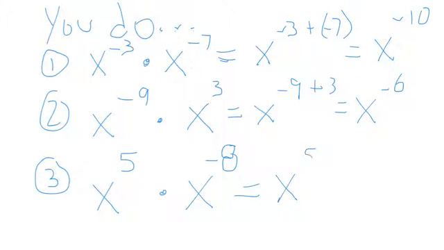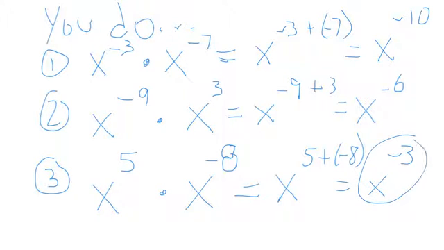We have x to the 5 plus negative 8. Larger minus the smaller, sign of the larger. We are going to end up with a negative exponent here. We end up with x to the negative 3 as our final answer there. And there are our three answers.